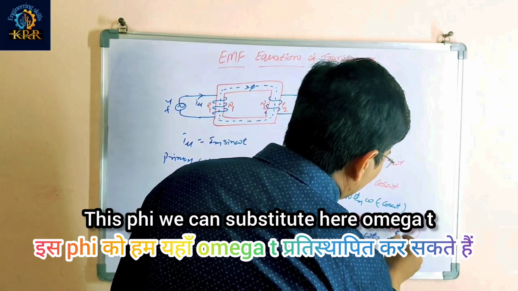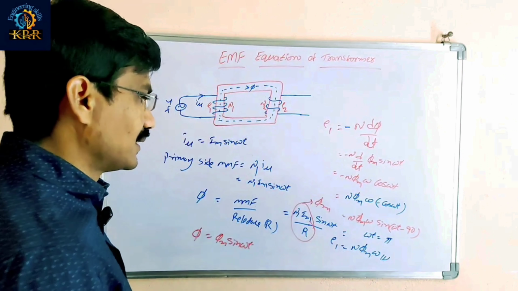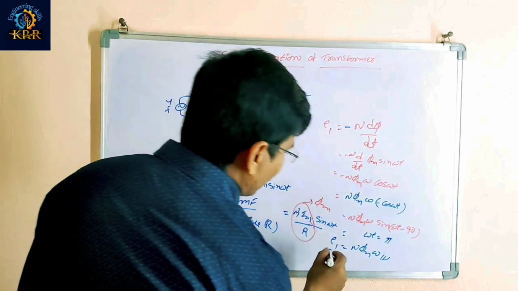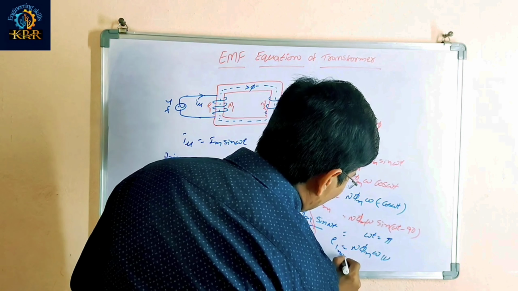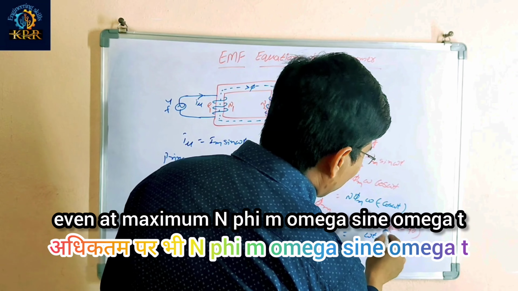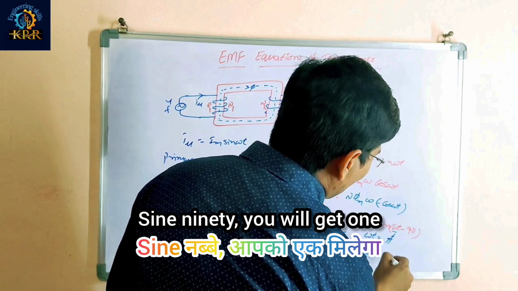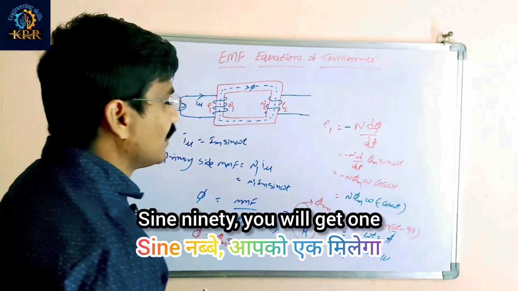Substituting omega t equal to pi, sin 90 gives 1. So E1 at maximum is N phi m omega.